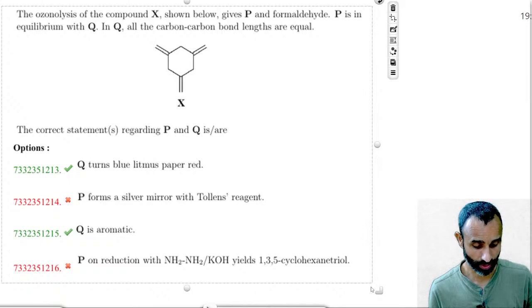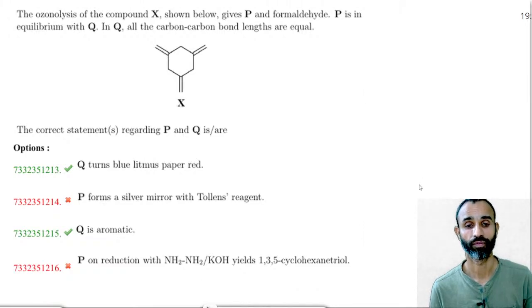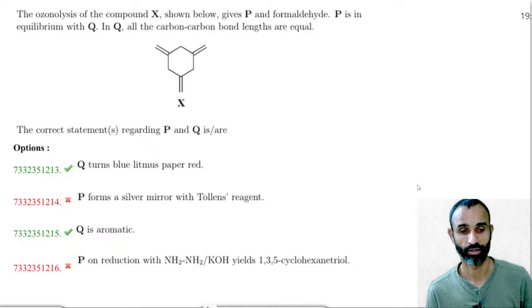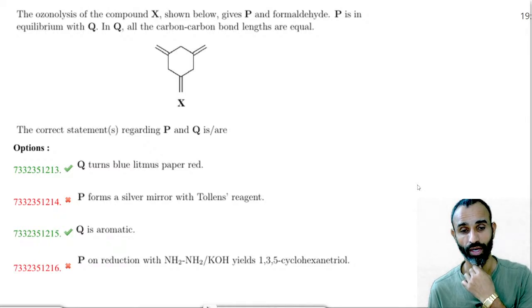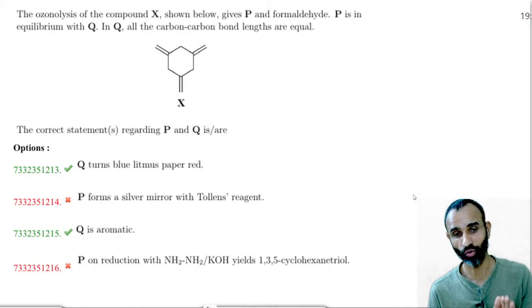Ozonolysis of the compound X gives P and formaldehyde. P is in equilibrium with Q, and in Q all the carbon-carbon bond lengths are equal.